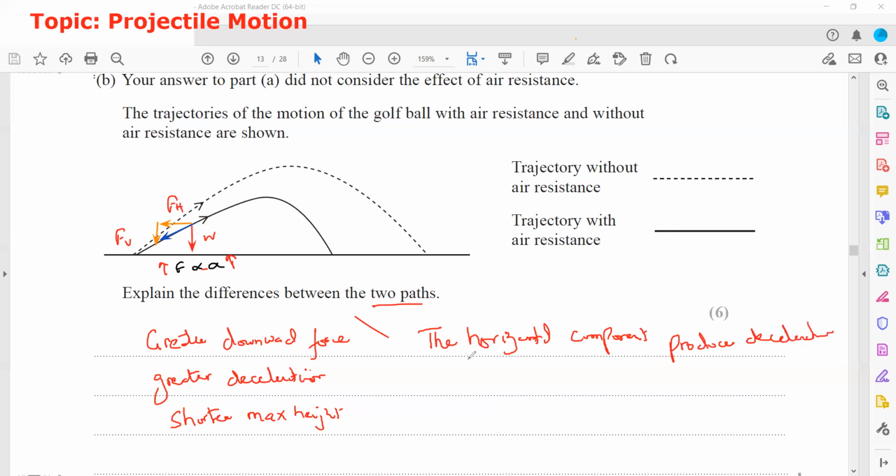As a result, it will have a lower horizontal speed, or reduced horizontal velocity. So it will have a shorter range. So the range will also decrease and the maximum height will also decrease.